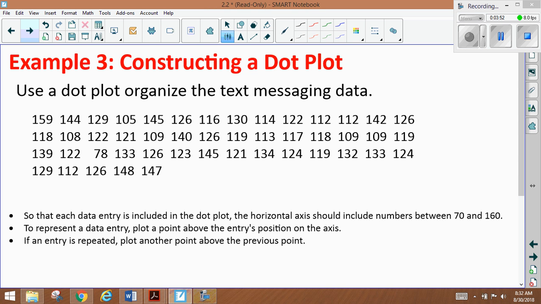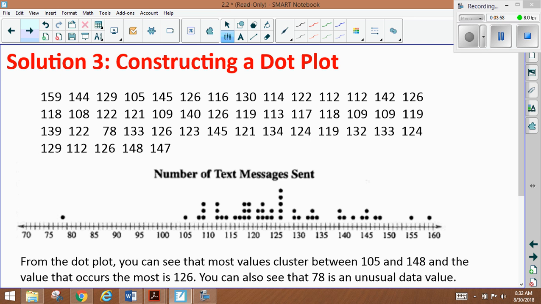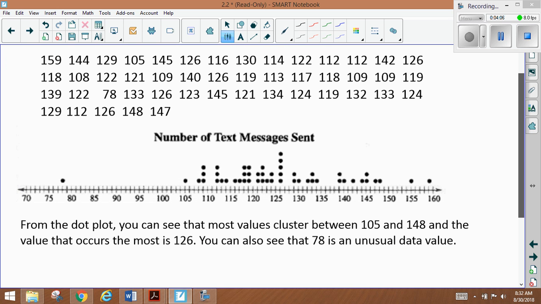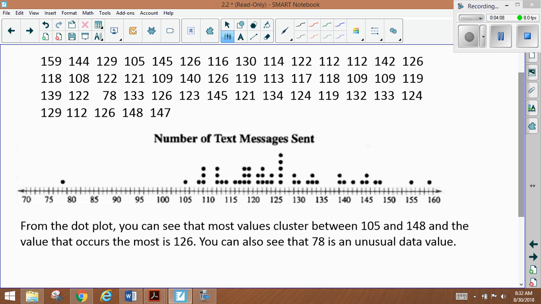All right, so we're going to construct the dot plot. I do believe on the next page we're going to be able to see these all plotted. So there we go. Let's talk about this thing. Our data is ranging from lowest value of 78 right here.